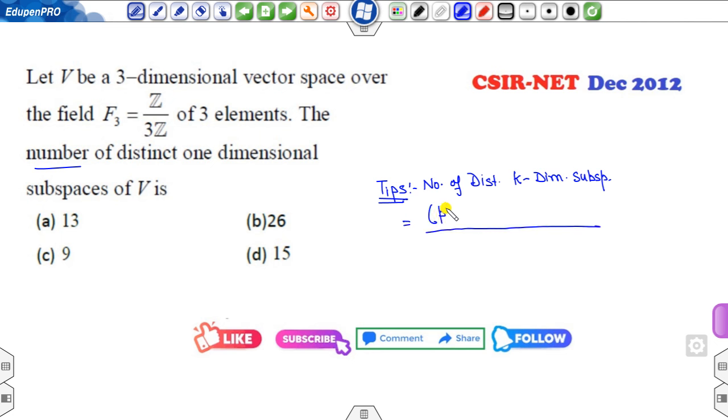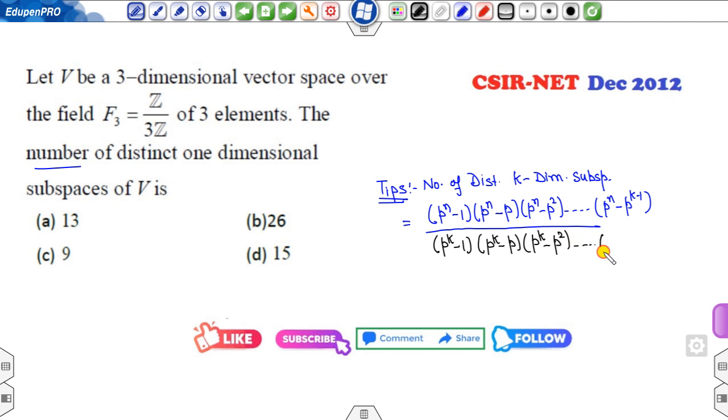So firstly, I can write the formula: (p^n minus 1)(p^n minus p)(p^n minus p^2) up to (p^n minus p^(k-1)), divided by (p^k minus 1)(p^k minus p)(p^k minus p^2) up to (p^k minus p^(k-1)). I will tell you what is the p, n and k.